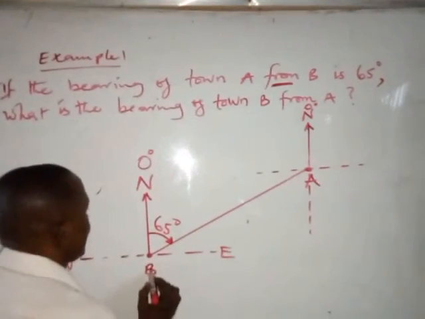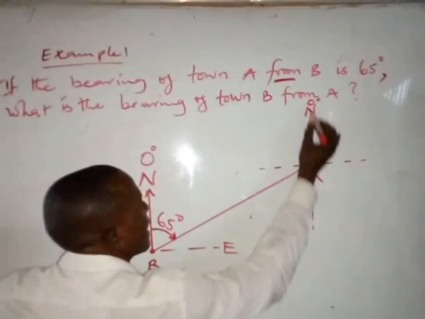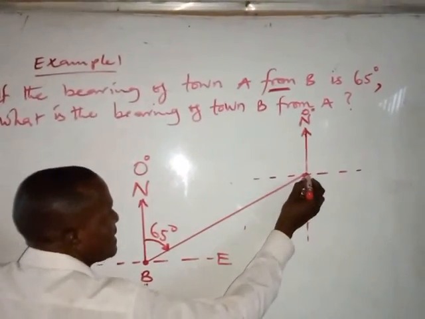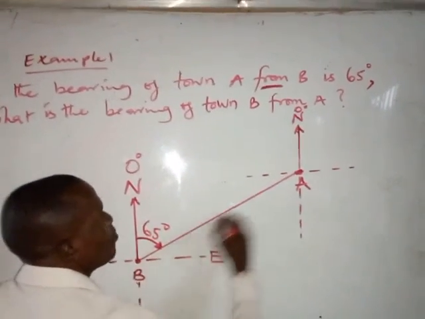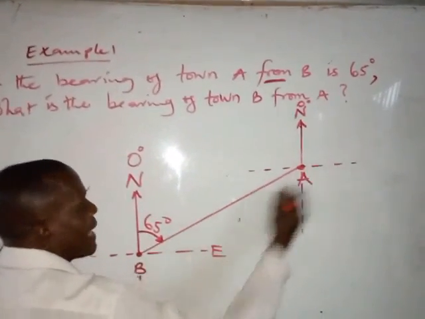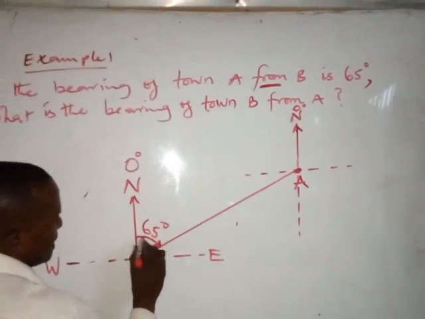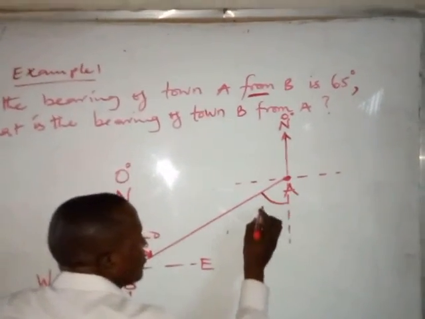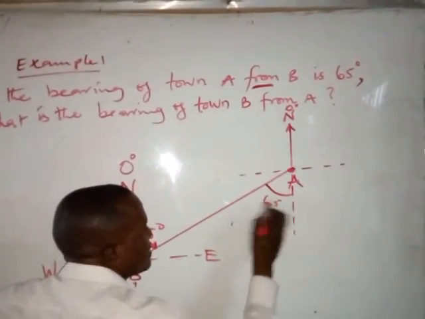Observe. You see, these are two parallel lines that don't meet. Look at this line. This line is a transversal line that bridges the two parallel lines. Hence, this angle of 65 degrees is the same thing as this angle here, which is 65 degrees.